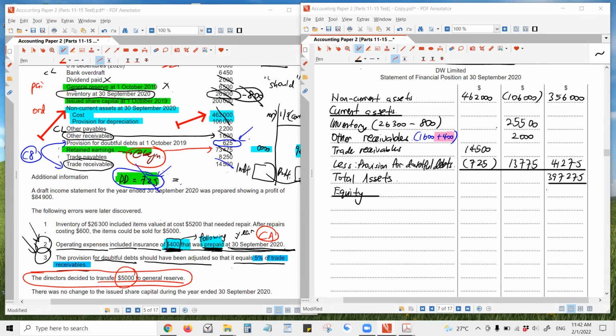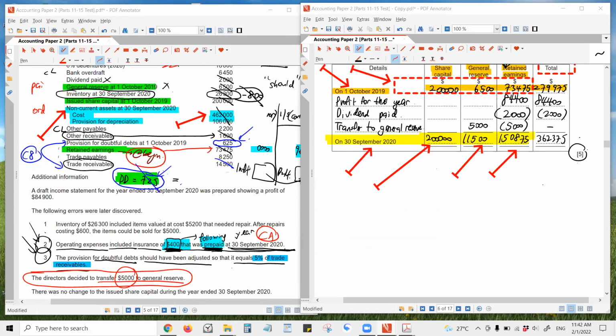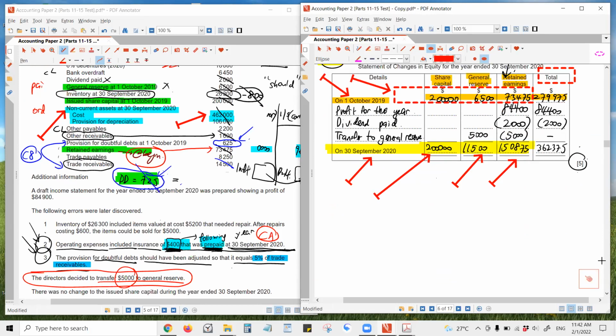So refer to the previous question. You have to bring these three numbers: 200,000, 11,500, 15,875. Bring this last row of numbers into the equity section. Okay, copy and paste. Share capital, general reserve, retained earning.